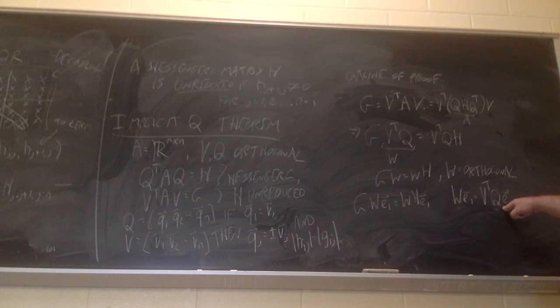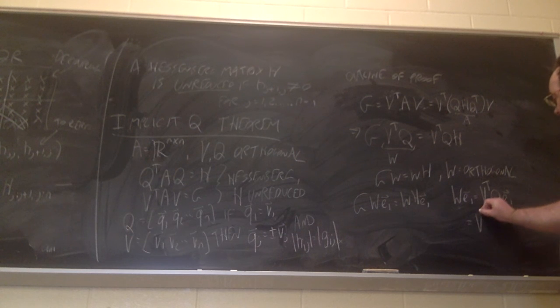But the first column of Q is Q1. Now, V has the same first column as Q. All the other columns of V must be orthogonal to it. So the column is E1.